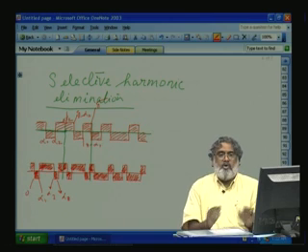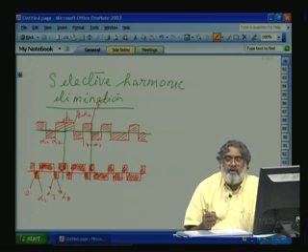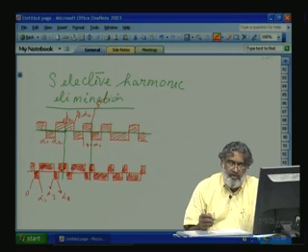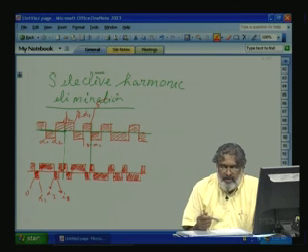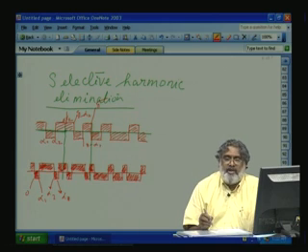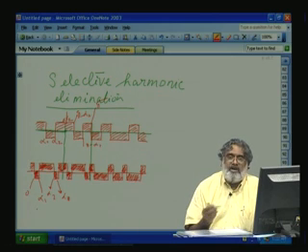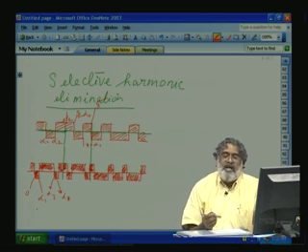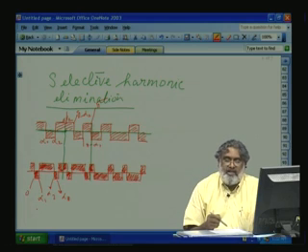By introducing more notches, we can control more harmonics, and at the same time we have to control the fundamental as required by the load. From this, we will write down the Fourier series and find out the alpha 1, alpha 2, alpha 3 required for a particular waveform to suppress some of the low order harmonics.